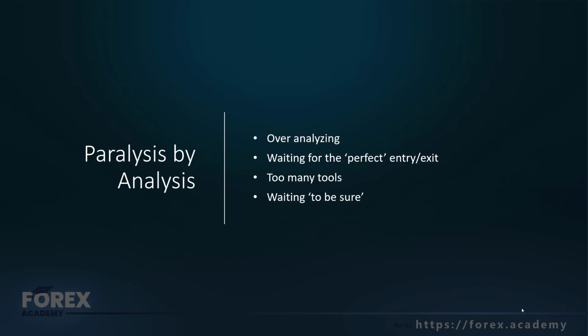You're waiting for the perfect exit or entry signal based on a whole ton of data, and the more tools you utilize to determine an entry, the lower the probability of finding the perfect entry.